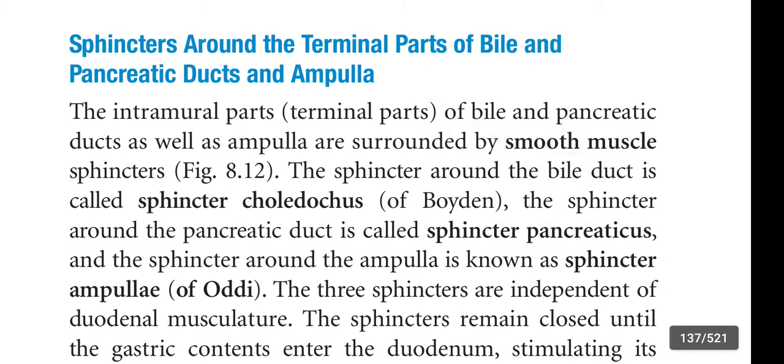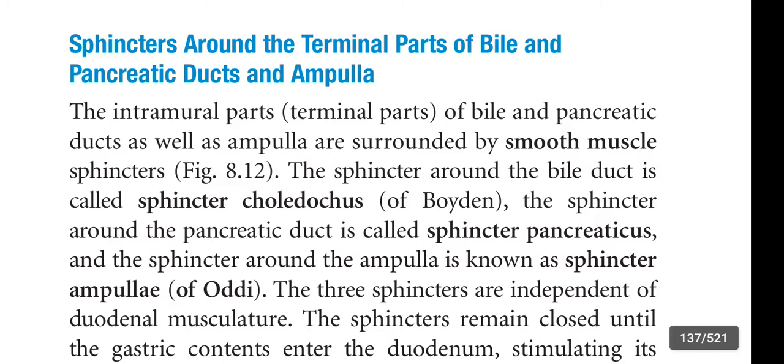The sphincter around the bile duct is called sphincter choledochus. But you remember sphincter of Oddi, bile B, Boyden B. Bile, Boyden. The sphincter around the bile duct is called sphincter choledochus or sphincter of Boyden.